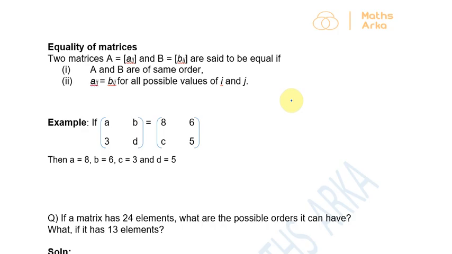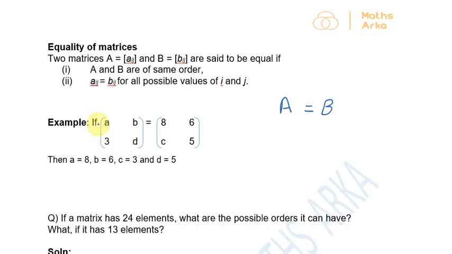To find if A is equal to B or not, we can say so only based on two conditions. One is that they should be of the same order. First we should check their orders, and after that we should check if each of the corresponding elements is equal. Only then can we say that the two matrices are equal.